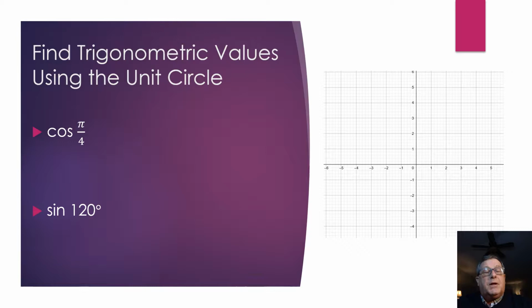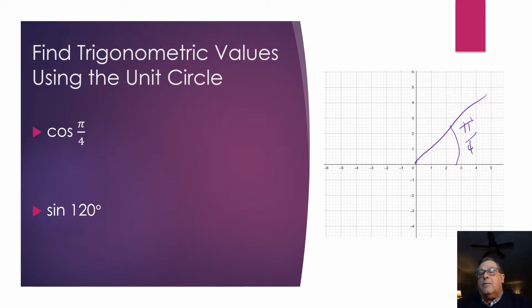All right, so first we're looking at the cosine of pi over 4. Well, it's pi over 4, and it's going to be in the first quadrant. The angle is going to be somewhere right about here, and we're coming right back to the x-axis, and so our reference angle is just pi over 4.